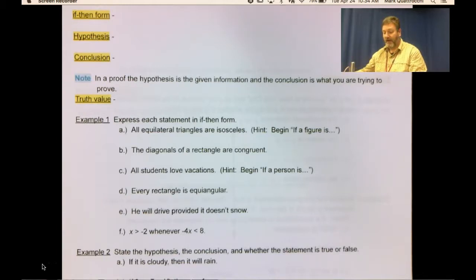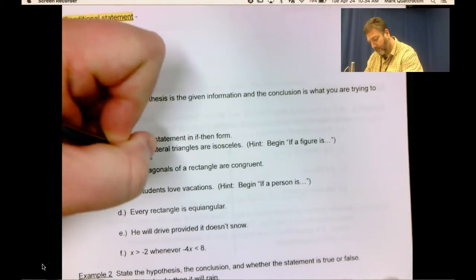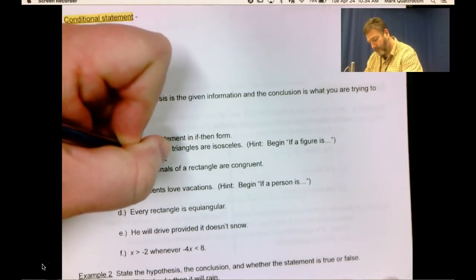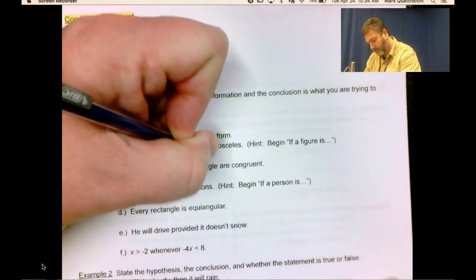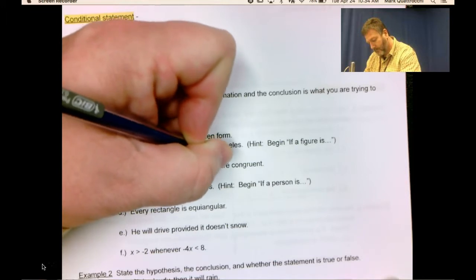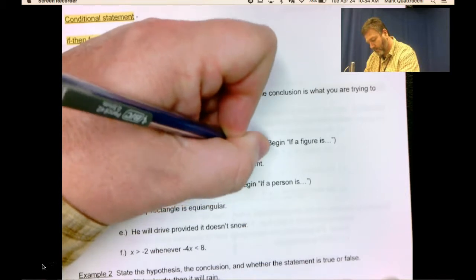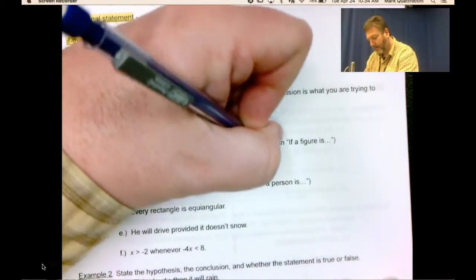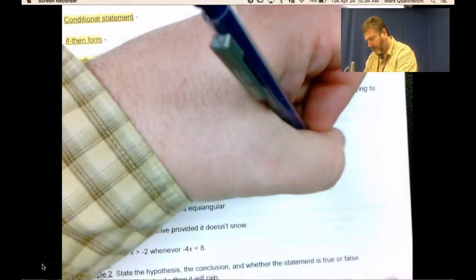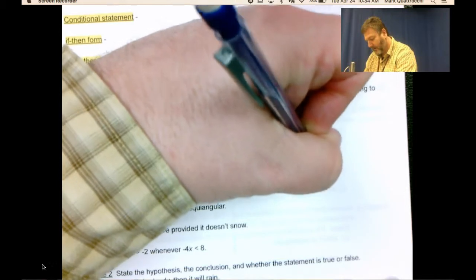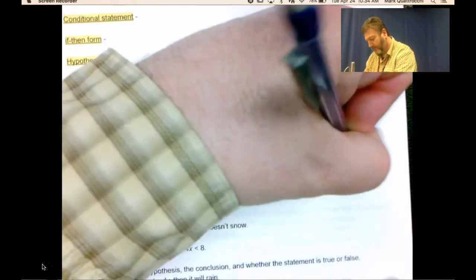So in other words, if a figure is an equilateral triangle, then it is an isosceles triangle.